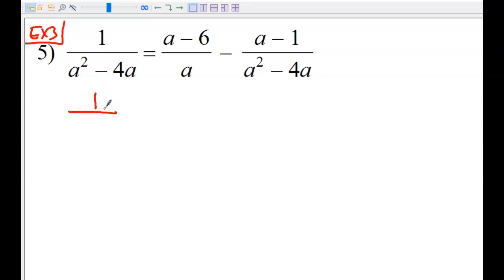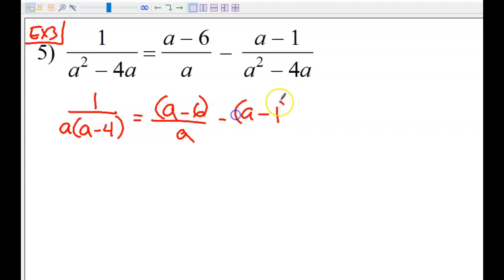So now if I factor this denominator, that's a GCF problem. Okay, it's not a difference of squares because there's an a here. So I'm going to take out an a, and now I have that. Put your binomials in parentheses, right? This one needs to be factored as well. So it's also a minus 4.